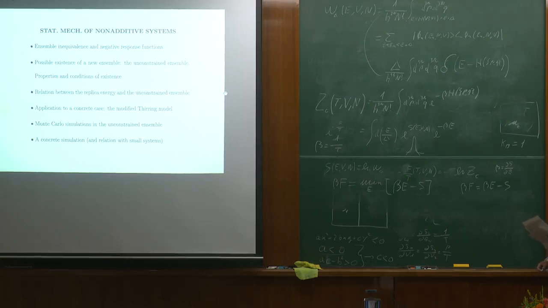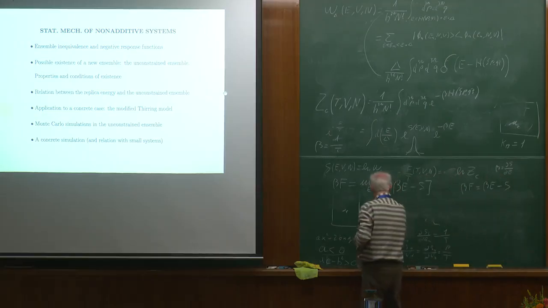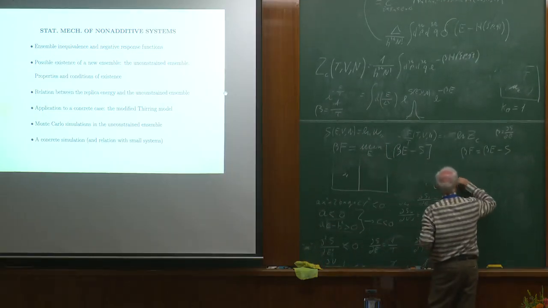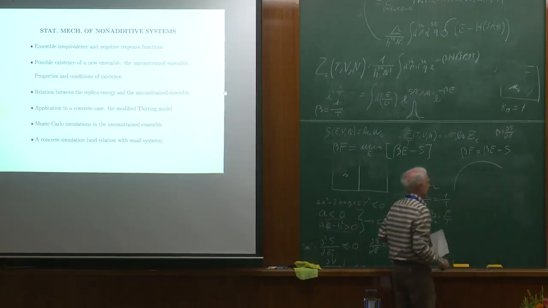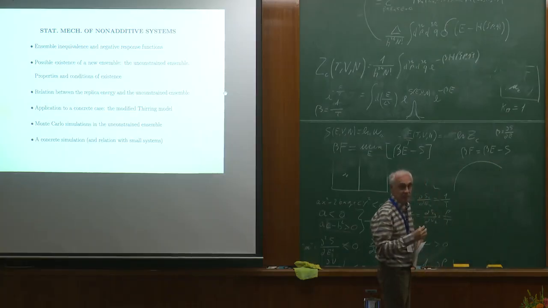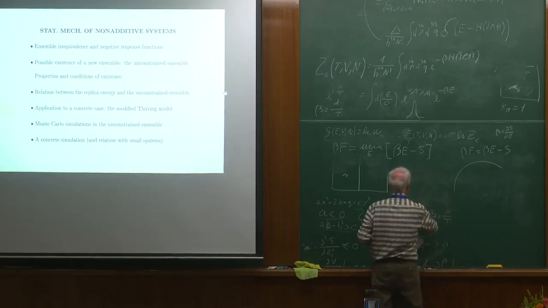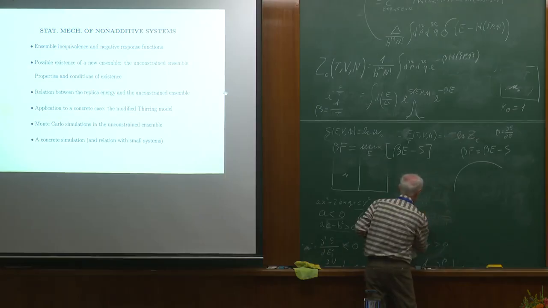But that's because of the property of the thermodynamic potentials, in which the positivity of the response functions requires that the thermodynamic potentials are concave functions, where concave means like that. So if they are double differentiable, it means that the second derivative is negative. Otherwise, there is a more general definition that is valid also when the derivatives are not defined everywhere.